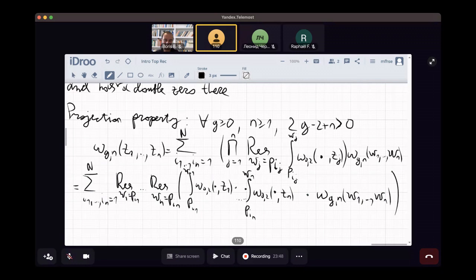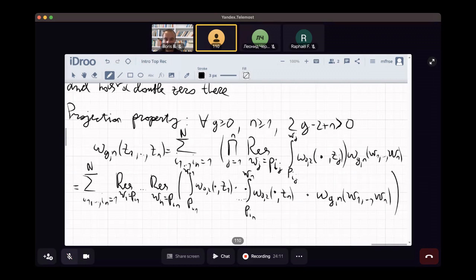There are some small subtleties, but essentially it's this condition. We'll discuss it in more detail later. But essentially this condition says that omega should not have any poles at any points apart from p1 and so on, pn.